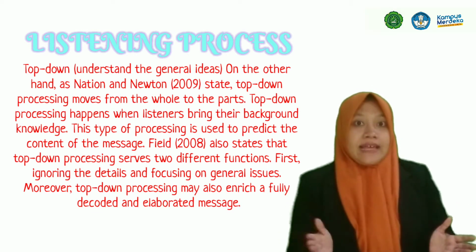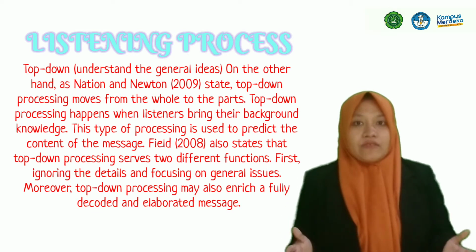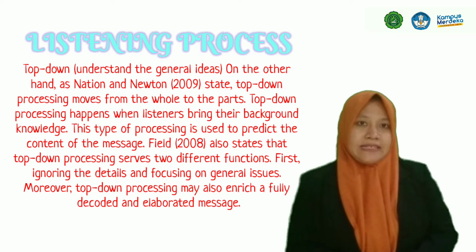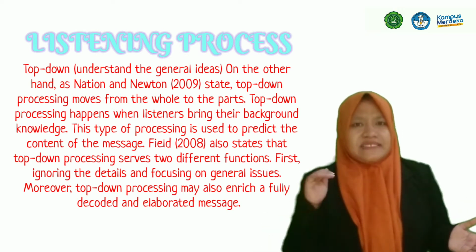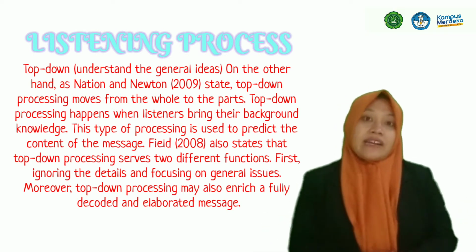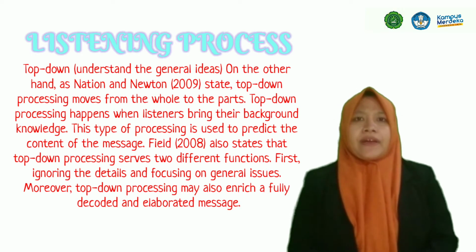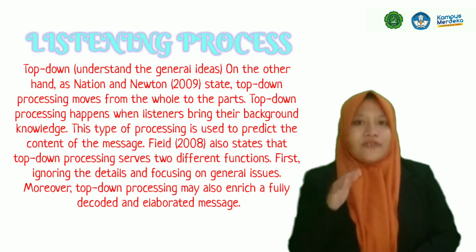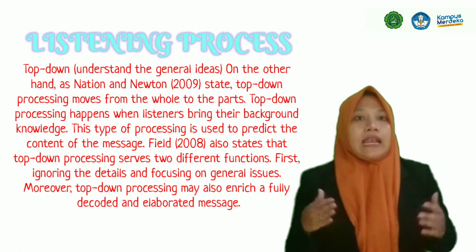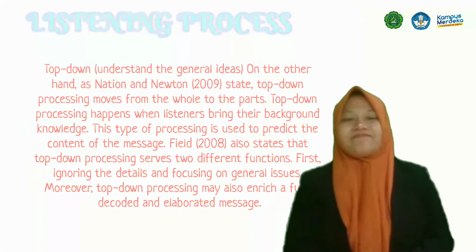Wilt also states that top-down processing serves two different functions. The first is ignoring the details and focusing on general issues. Moreover, top-down processing may also enrich a fully decoded and elaborated message.